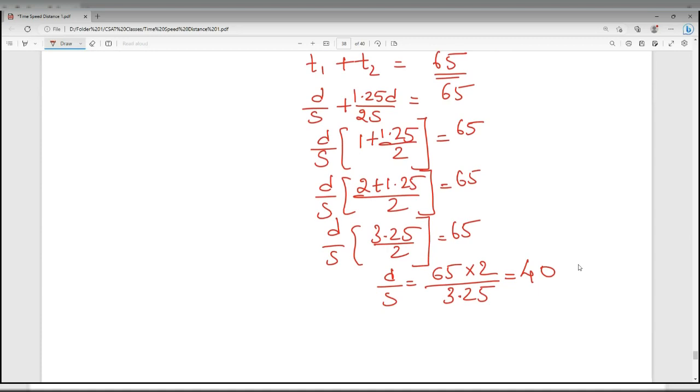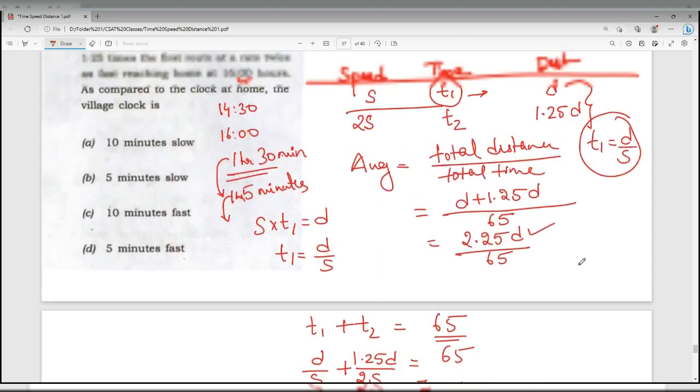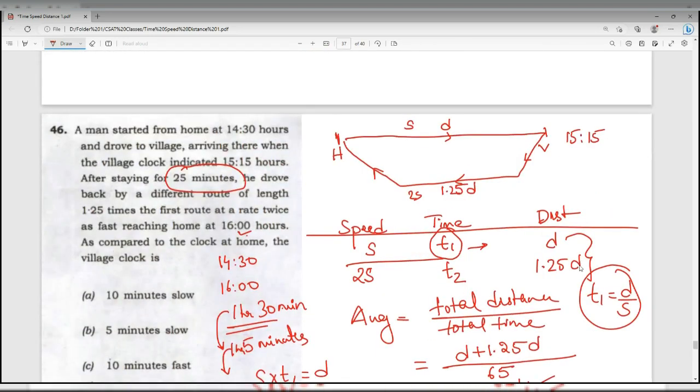Because this is, let's take this as 3.25 into 2 is 6.5, into 10 is 65, 20 into 2 is 40. So this person, to travel from home to village, actually had taken 40 minutes.